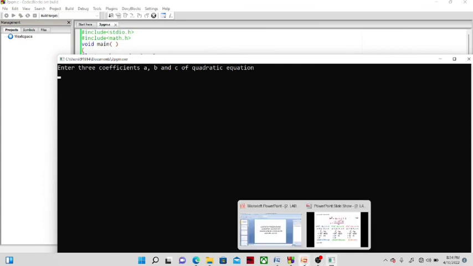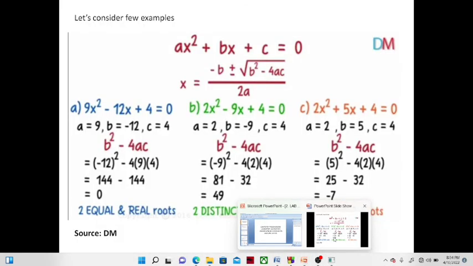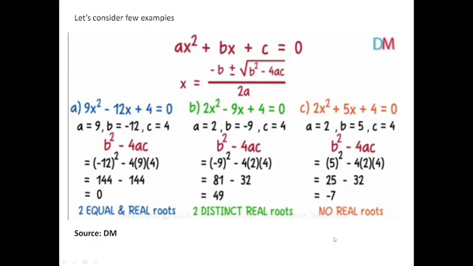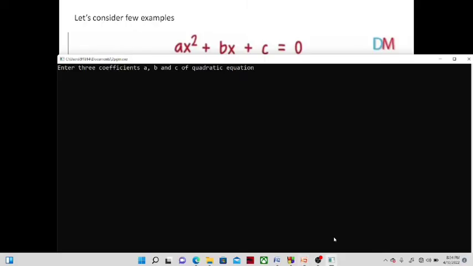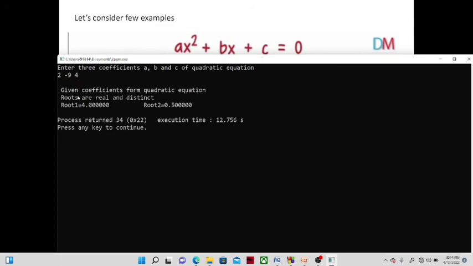What is the value? 2, minus 9, 4. So here the roots are real and distinct. Okay.